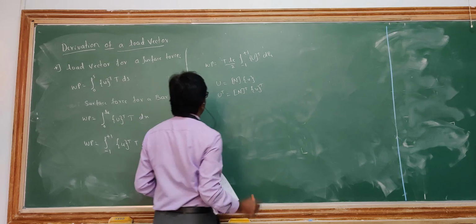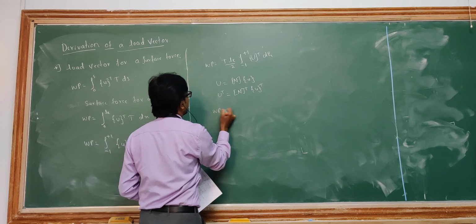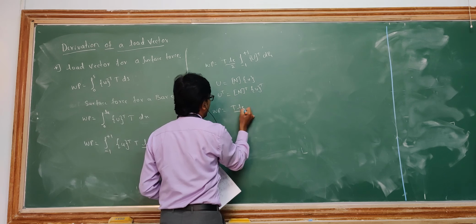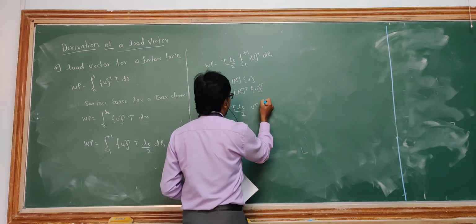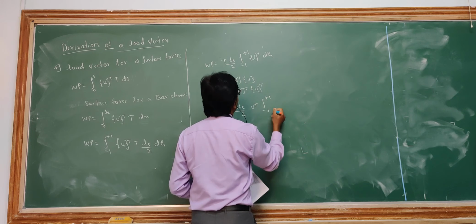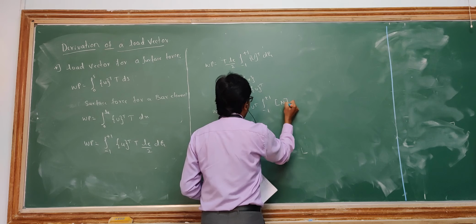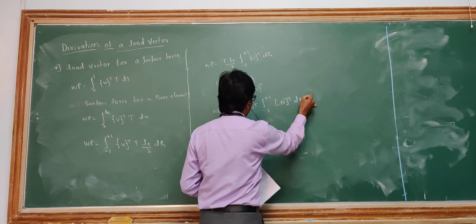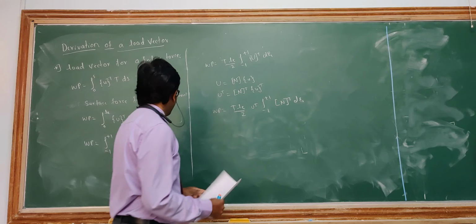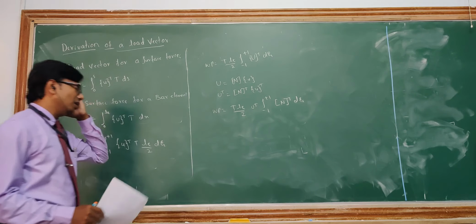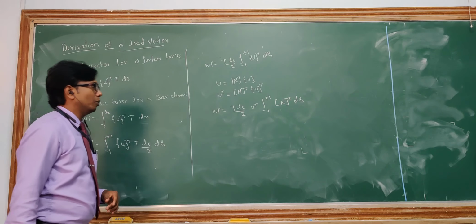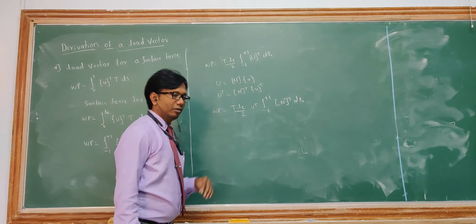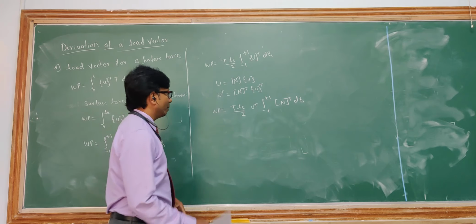So the work potential is equal to T LE by 2 u transpose, integration -1 to +1 N transpose into d zeta. We have already done from the previous solution what is the integration of N transpose with respect to d zeta. The limit is -1 to +1.